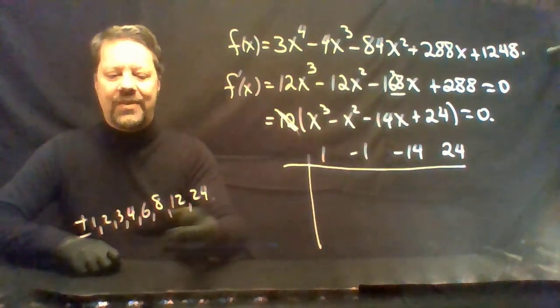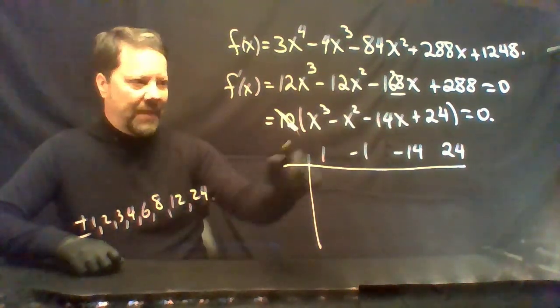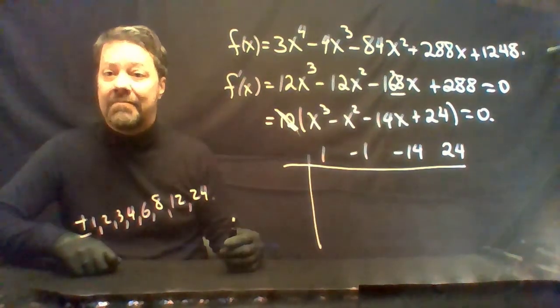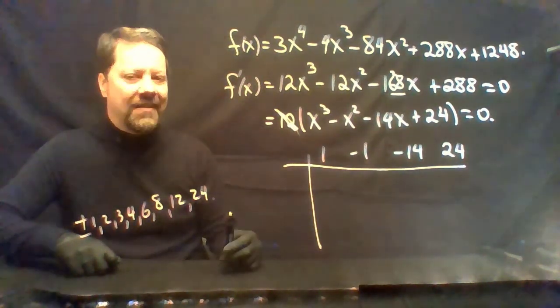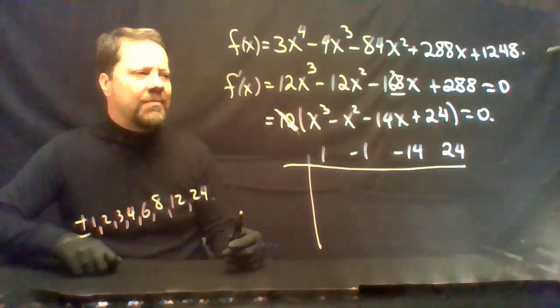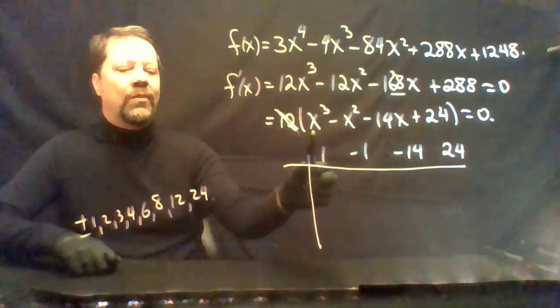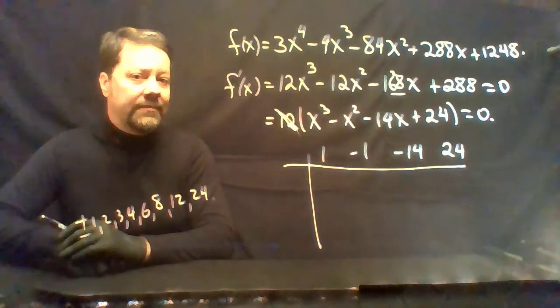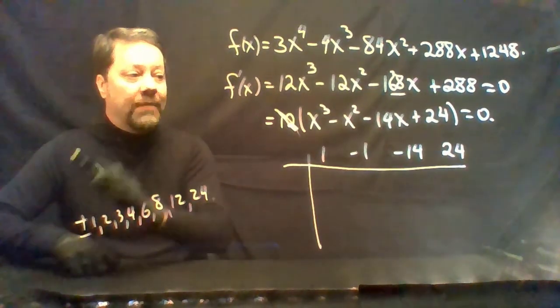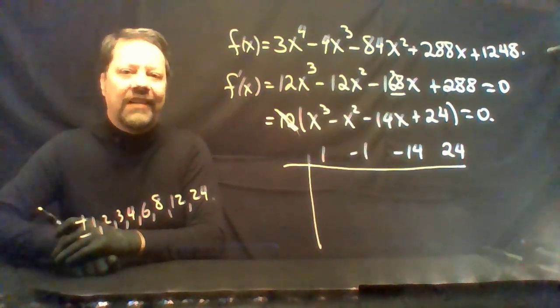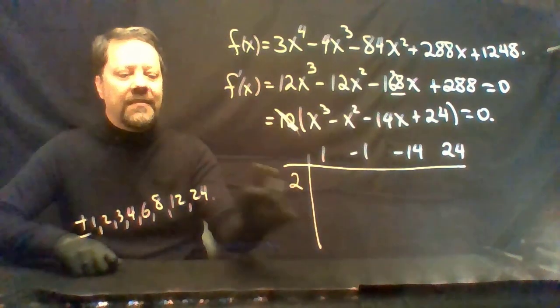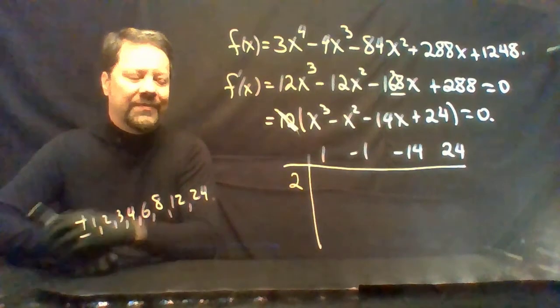And we'll try these one at a time by plugging them in and seeing if we get 0. But the easy way to plug them in is using synthetic division, as you'll see. By the way, it's pretty clear that 1 doesn't work. I haven't said anything about negative 1, but surely 1 doesn't work. I guess it's pretty easy to see. Negative 1 doesn't work either. So we're going to try 2.